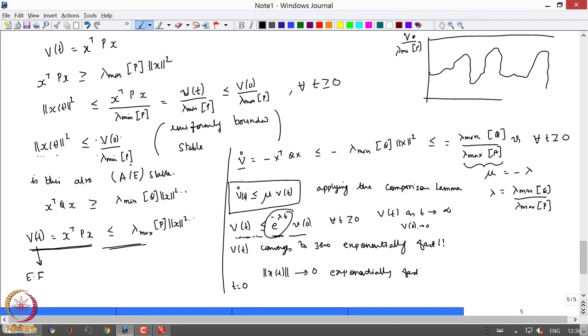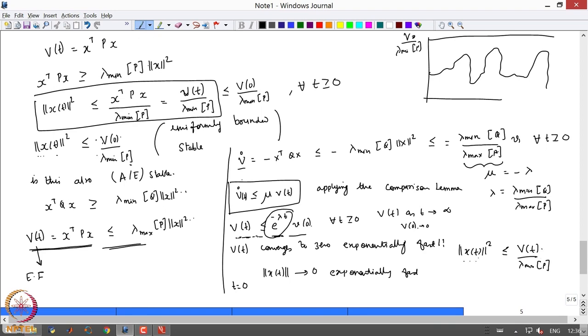From here I can just say that x of t squared is less than or equal to V of t over lambda min of P. V converges exponentially fast and therefore x converges exponentially fast.